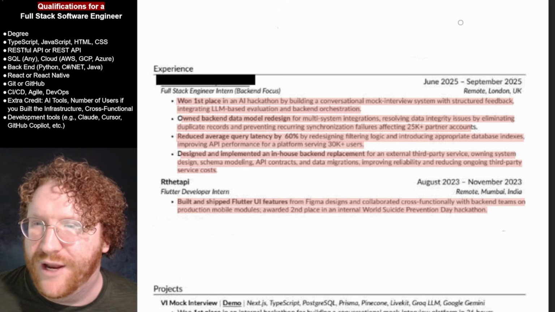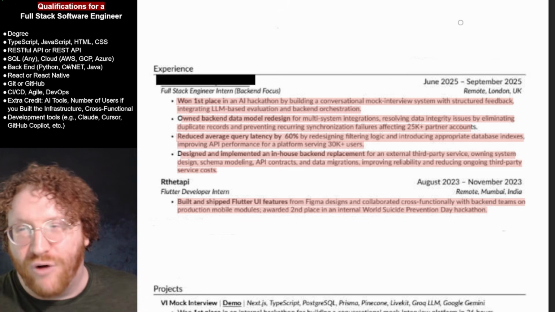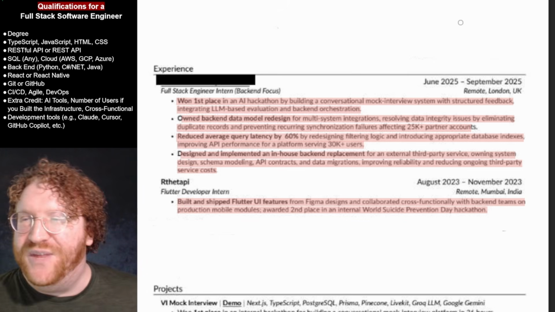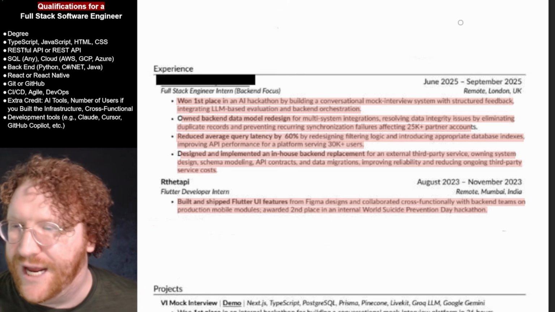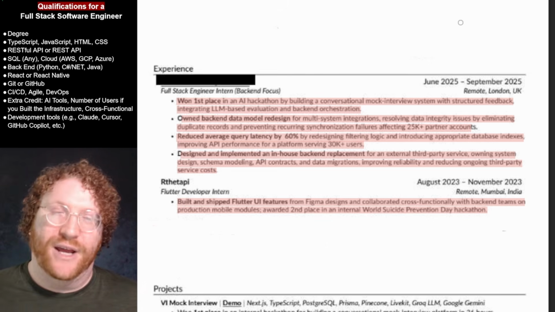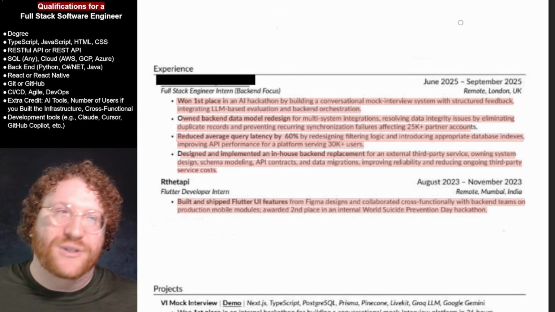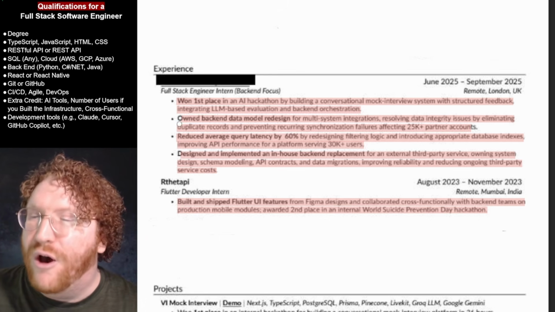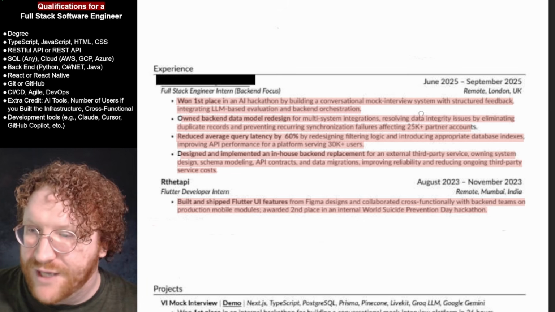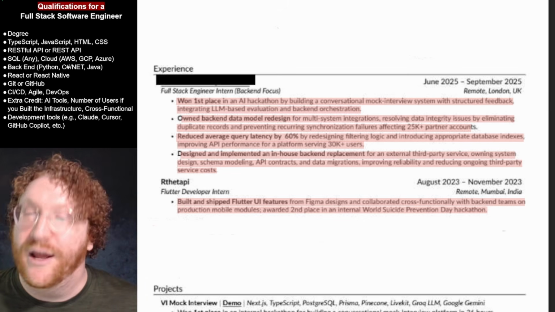because that is not what you wanted. And that's the exact same problem with this. This may be a great person that won first place in an AI hackathon, but you know what I don't see? I don't see how they can use TypeScript, JavaScript, HTML, CSS, because this is a hot dog. Own the backend data model redesign for multi-systems integration, hot dog.